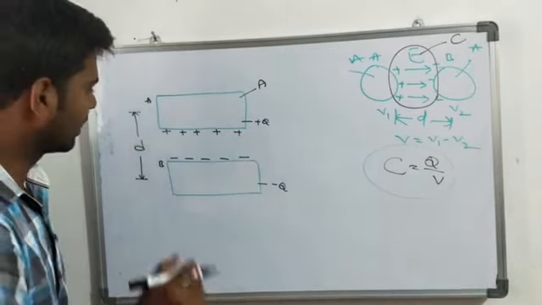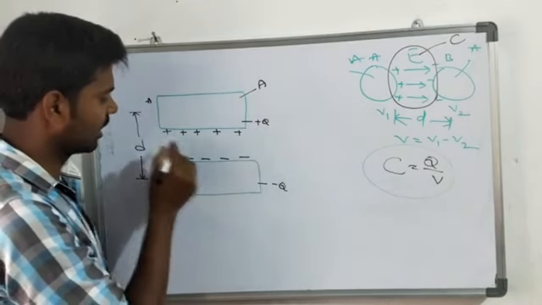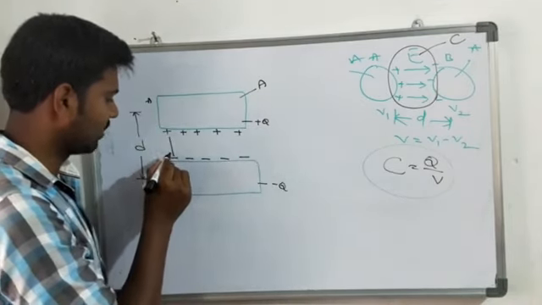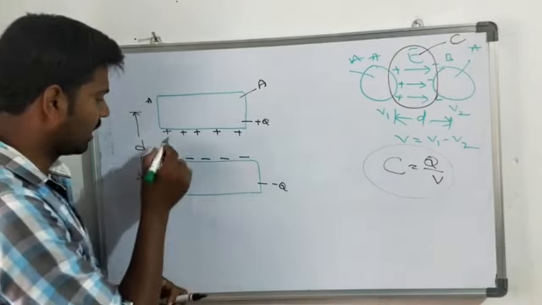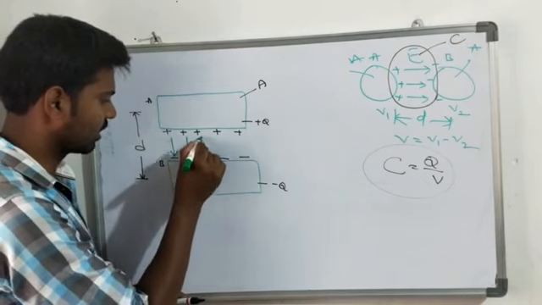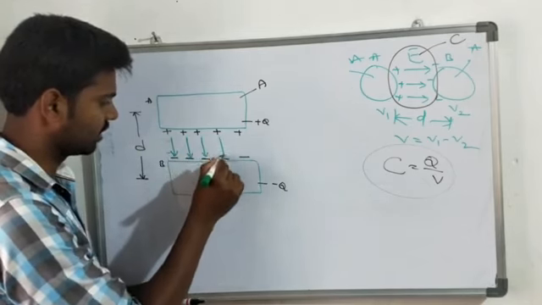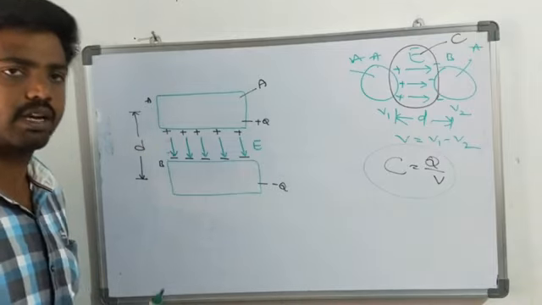A is the positive conductor and B is the negative conductor. Automatically an electric field is induced between the two conductors. This is not an external electric field; this is called an induced electric field.